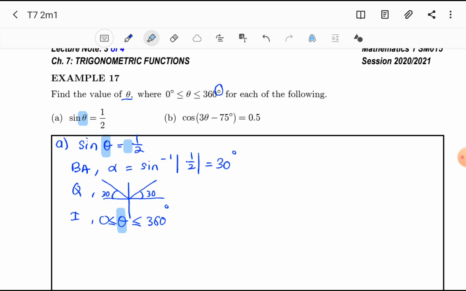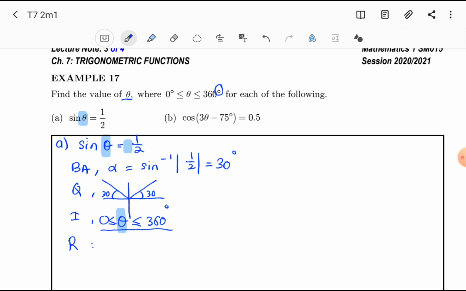Next is the R, R for rotation. For the rotation, we look at our interval. We have 0 until 360 degrees. Is there any negative angle?